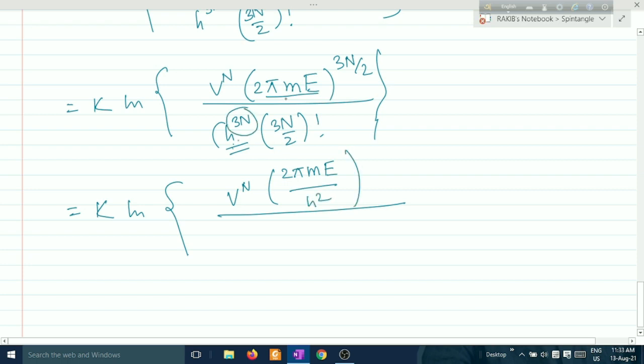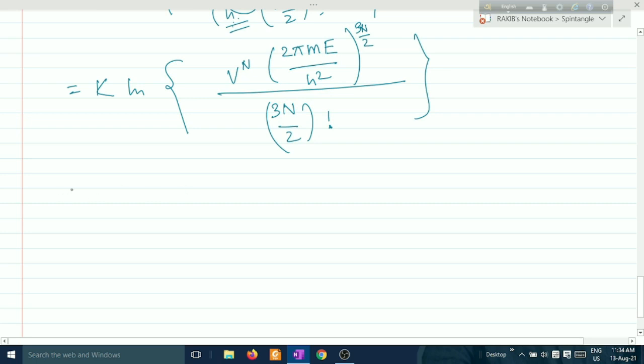To introduce 2 pi me as the numerator over the denominator h, we have to put this extra square on the h. Then we make the whole thing to the power 3n by 2, and in the denominator it is 3n by 2 factorial. You can check this by pausing the video.